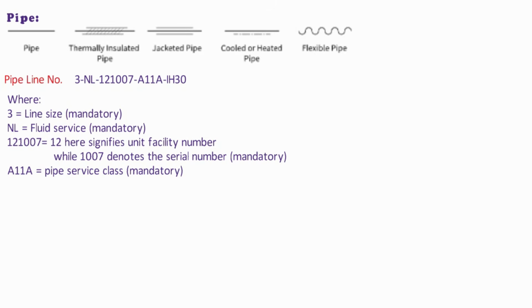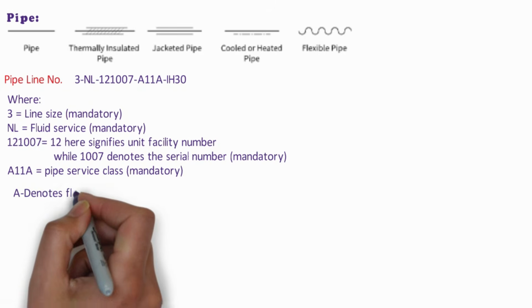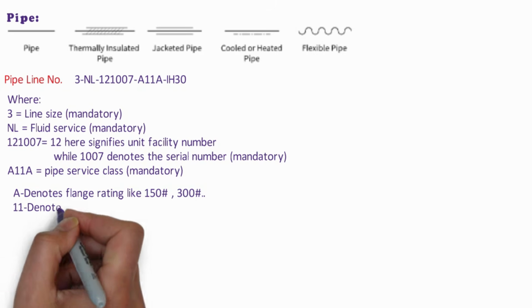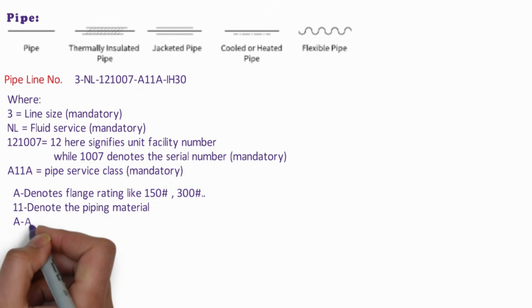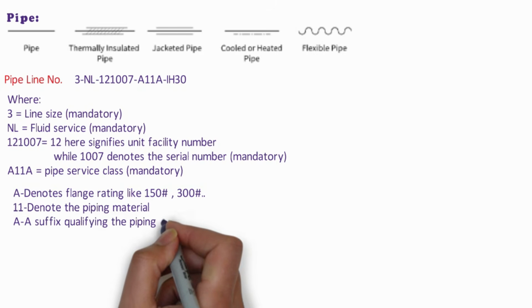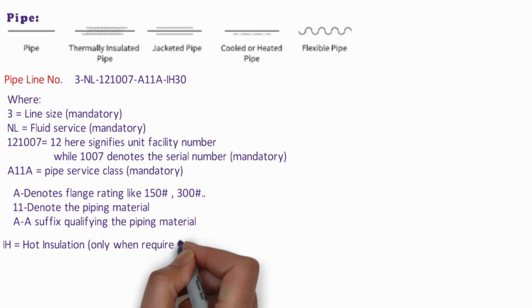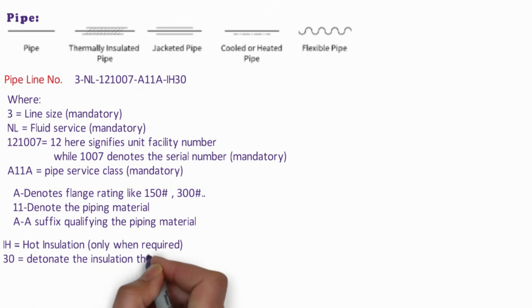In A11A, A denotes the flange rating like 150 pound or 300 pound. 11 denotes the piping material, and A is the suffix qualifying the piping material. 1H is the hot insulation, and 30 denotes the insulation thickness.